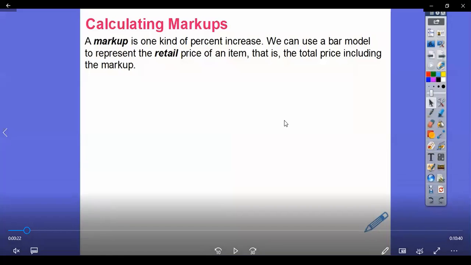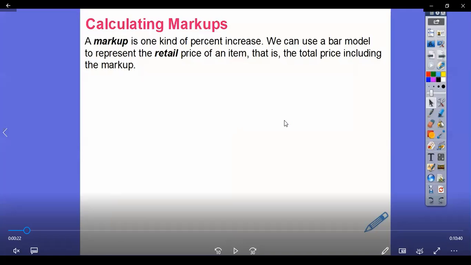For example, a price of an item on a sale. Yes, it could be in a sale. So in a sale, we use markdown. Thank you. And in other situations, maybe the store wants to make a profit. For this reason, it is going to make a markup.